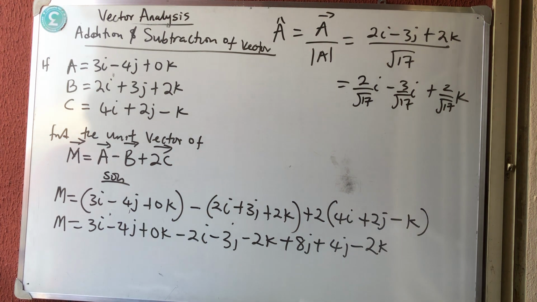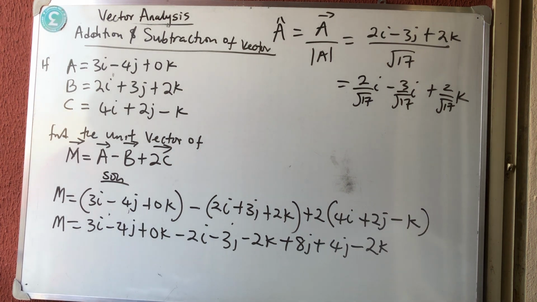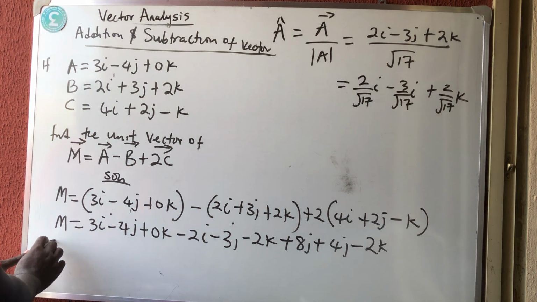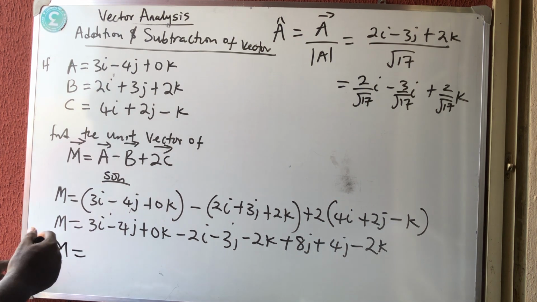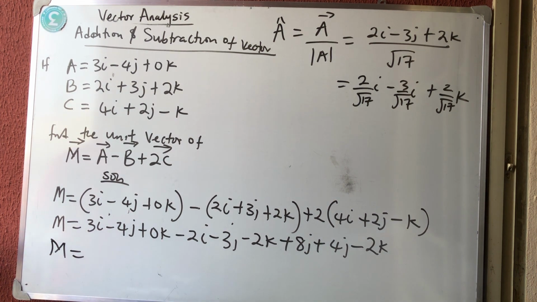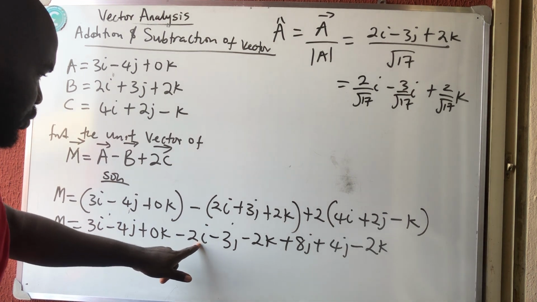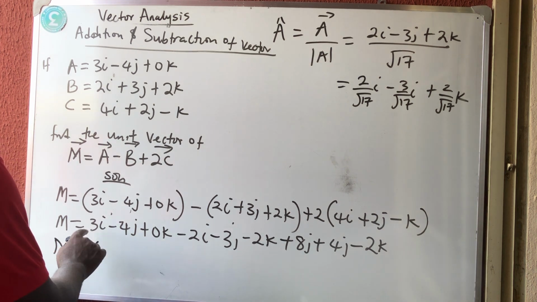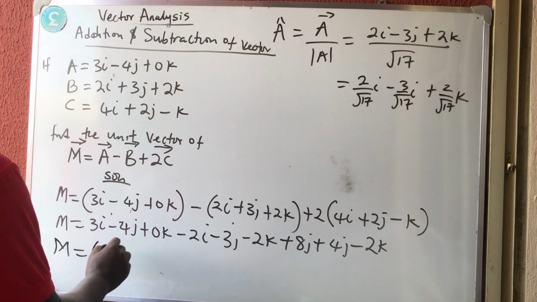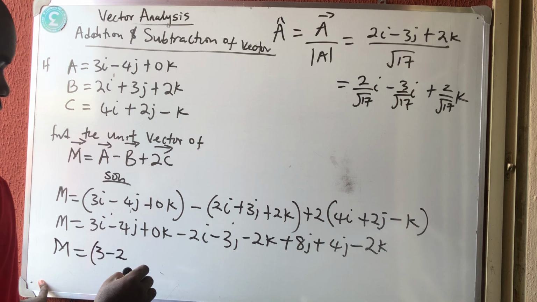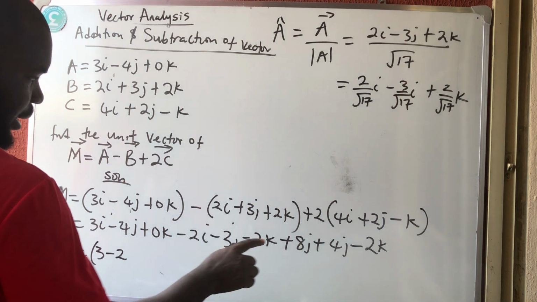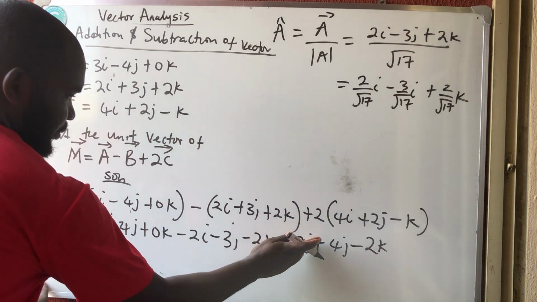Okay, now if you look at this, don't look at this as a vector again. Look at it as normal mathematics, that like terms will only add or subtract. So I will look for the like terms. 3i minus 2, in fact let me bring everybody that has i. 3 is here, this one is minus 2, and the last one there is another i, 8i, is it?